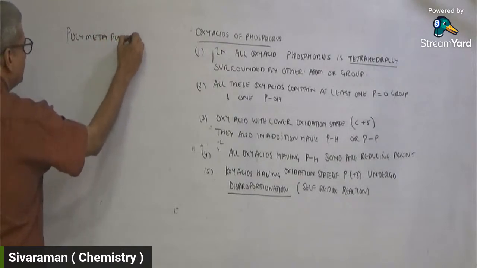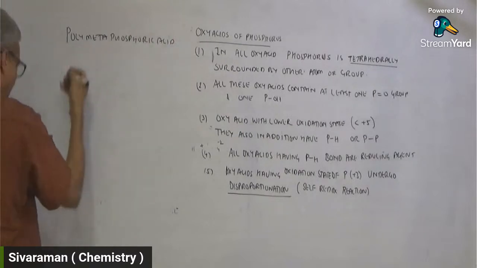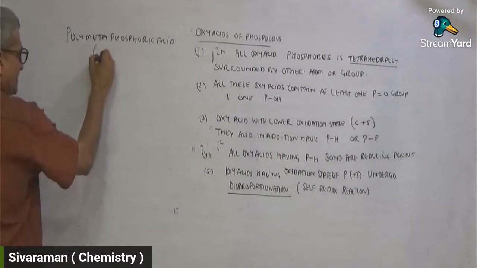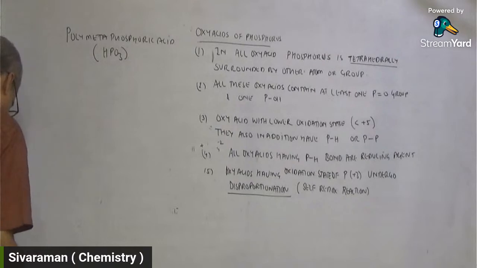As the word poly itself tells you, there are many phosphoric acid groups joined together. Basically, it's a polymer of metaphosphoric acid, HPO3.